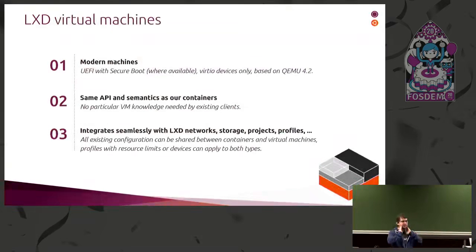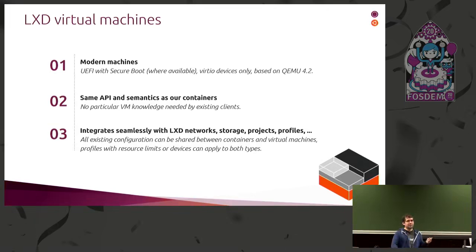Now, for the VM side itself. As I mentioned briefly, we've gone pretty much legacy free because it's new to us. We don't really need to start supporting old machine types to run DOS or Windows 95 or something. It's not something we really care about. We care about acting like a modern local cloud effectively.